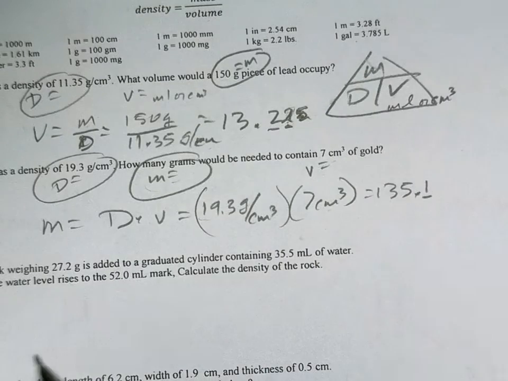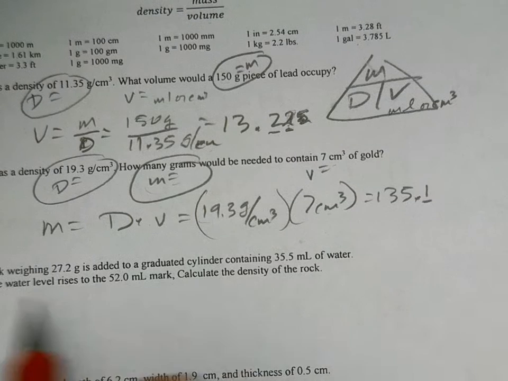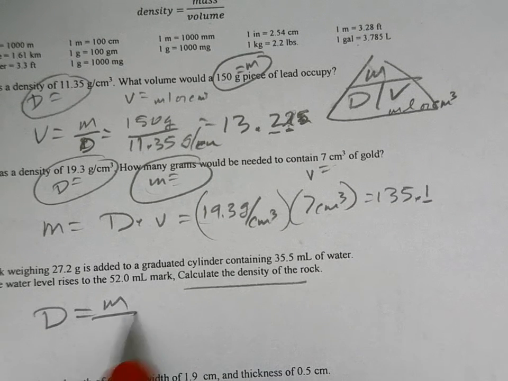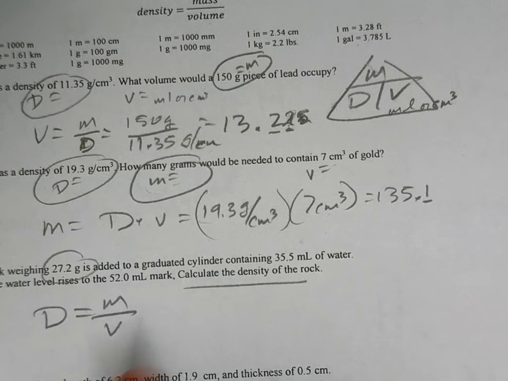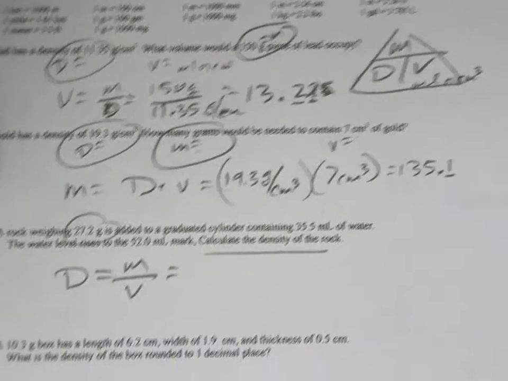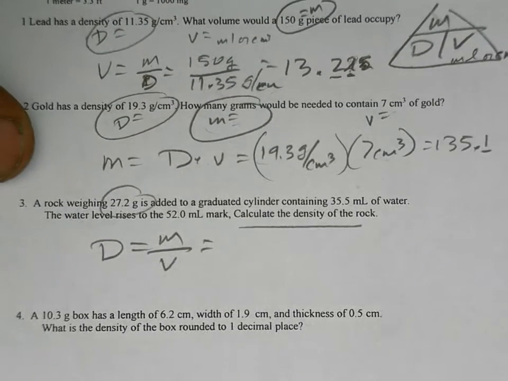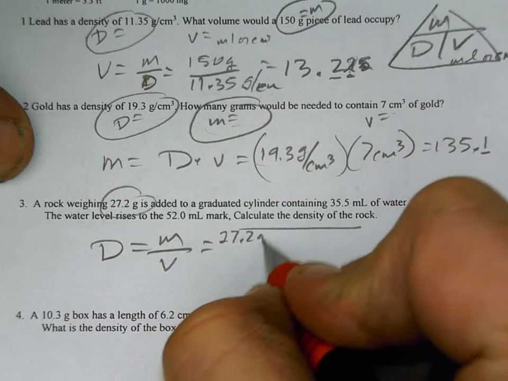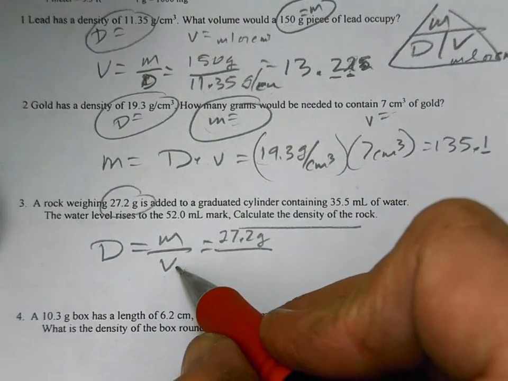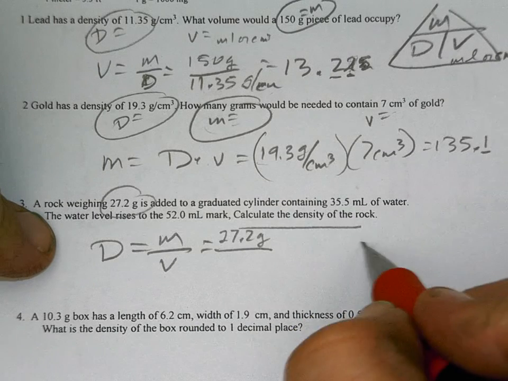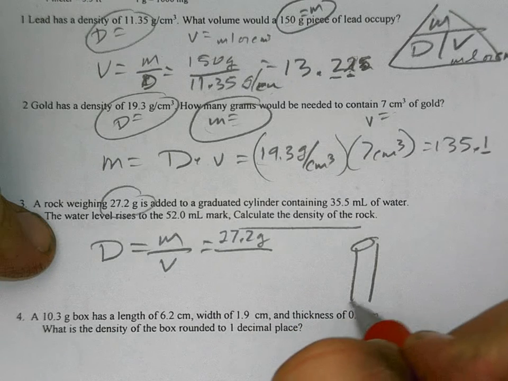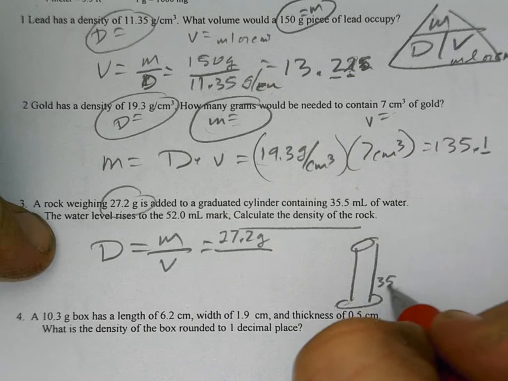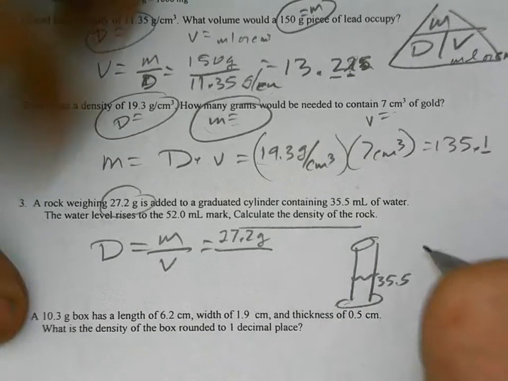All right, number 3. We're trying to calculate the density of the rock. Density is mass divided by volume. It tells us what the mass is right away, so you just plug it in: 27.2 grams. Now for the volume, we had a graduated cylinder with 35.5 milliliters to start.